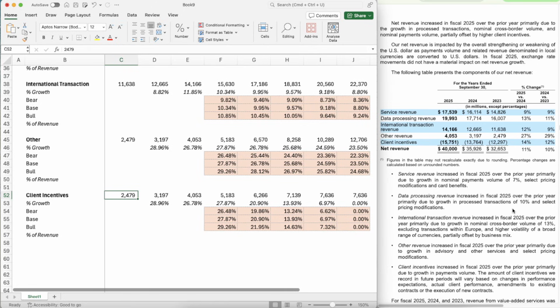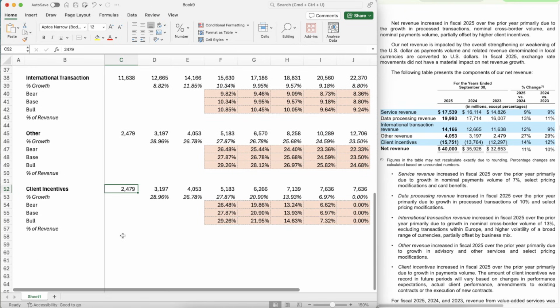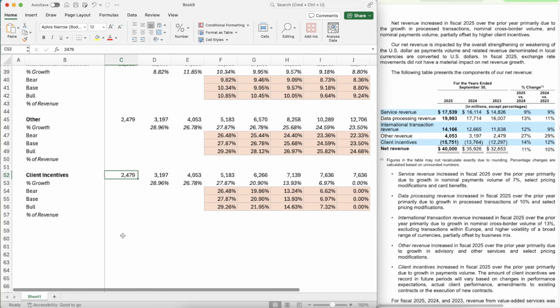They give them discounts, these types of things, and that comes in here. So we'll go minus 12297, 13764, 15751.